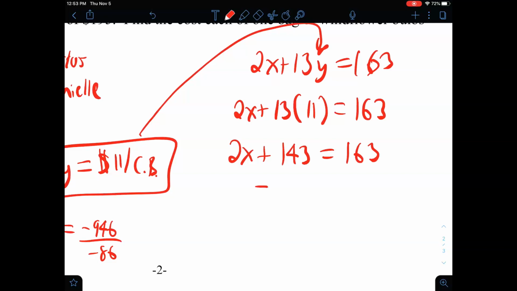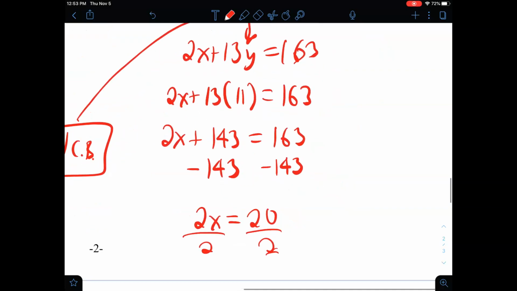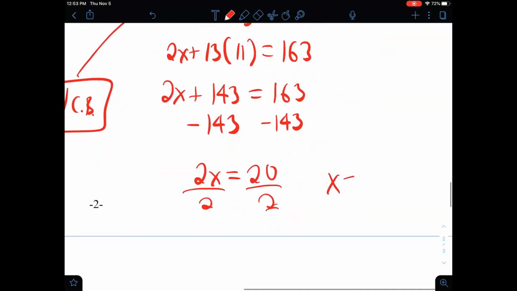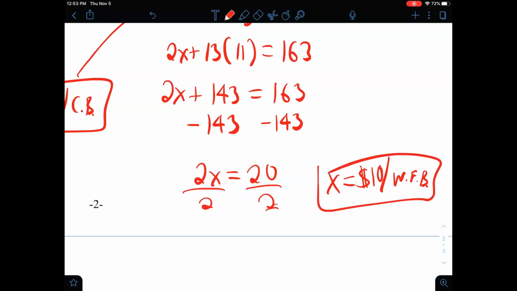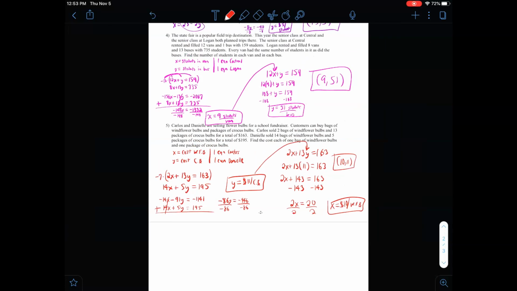We need to get 2x by itself, so we need to subtract 143. 2x equals 163 minus 143 is 20. Divide by 2. And we're going to get x equals $10 for windflower bulbs. So our final answer is 10, 11.